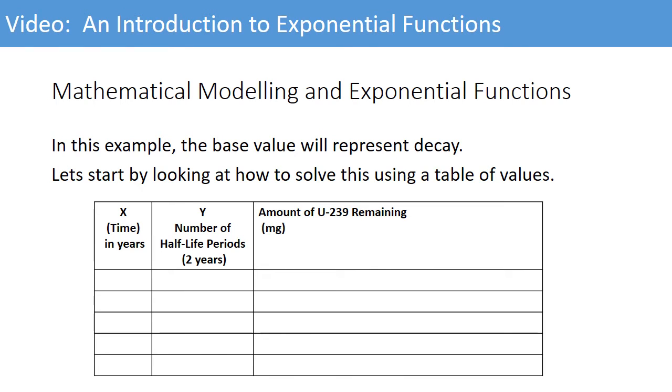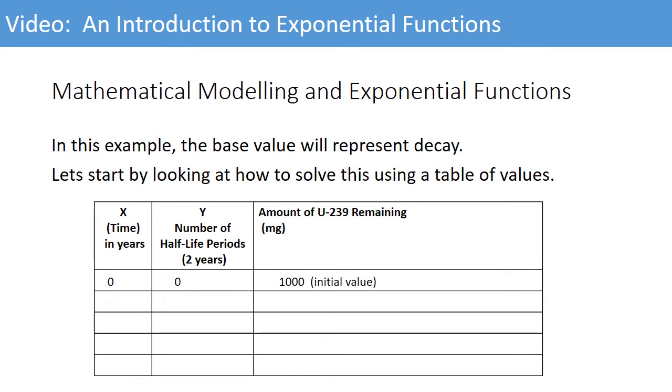We set this up so that the first column, X, is the time in years, Y is the number of half-life periods, where one half-life period is 2 years, and then the amount of U-239 remaining.